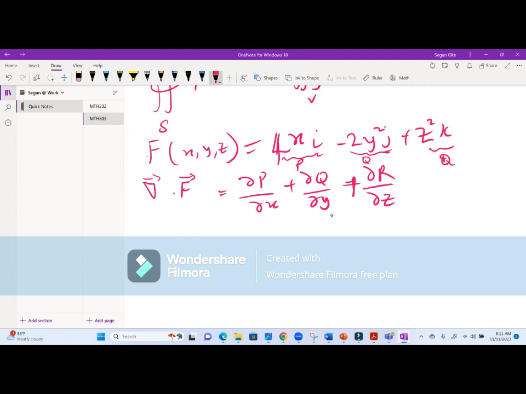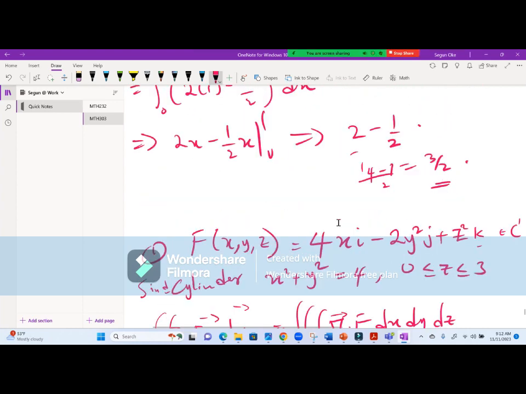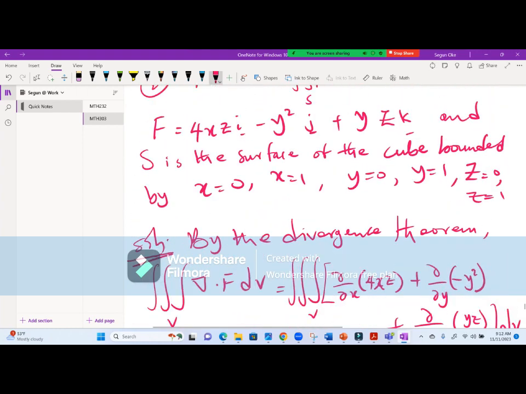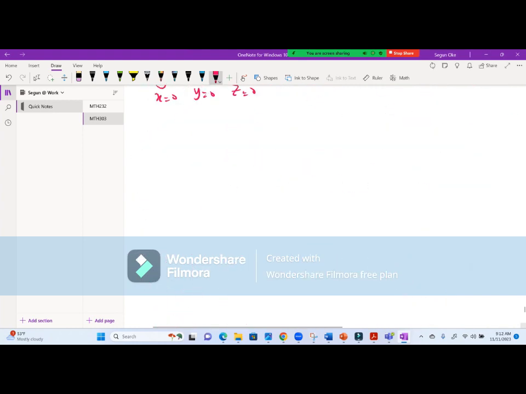Then we differentiate with respect to x for P, with respect to y for Q, and with respect to z for R. So what do we have? It's still the same thing we did the other time. Remember what I did here. Just substitute x into the i, j, k components. Let's say P, Q, R. It's still the same thing. Take note of that.